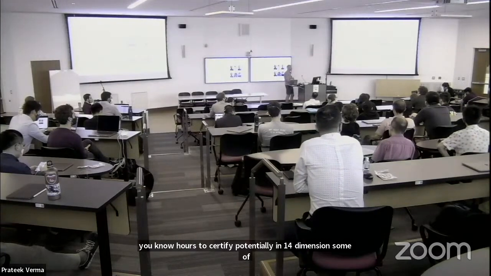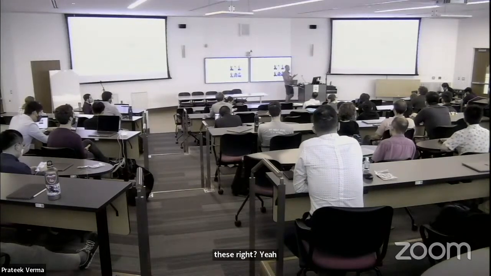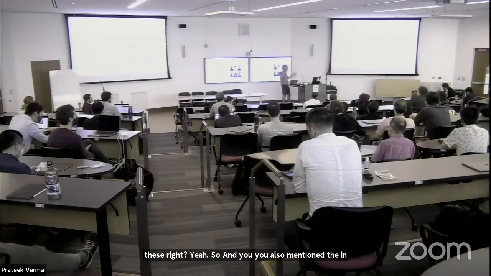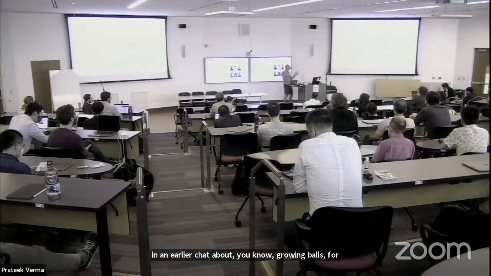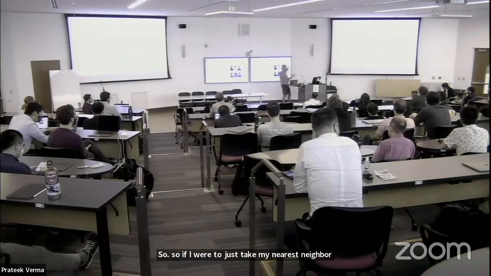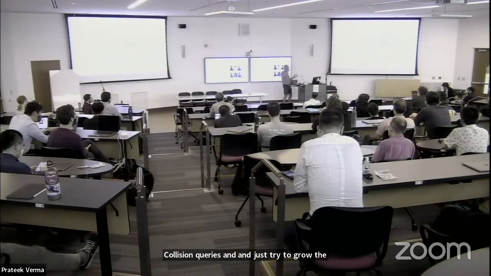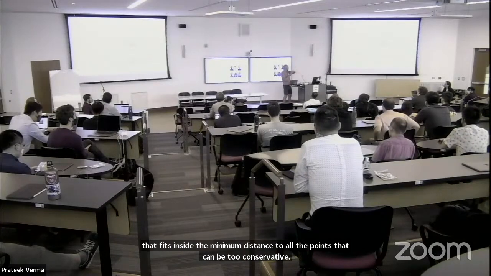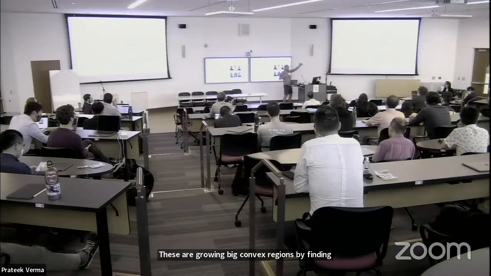Right? And you also mentioned in an earlier chat about growing balls, for instance. If I were to just take my nearest neighbor collision queries and grow the ball that fits inside the minimum distance to all the points, that can be too conservative. These are growing big convex regions by finding ellipsoids; they're polytopes that are pushed out by an inner ellipsoid.